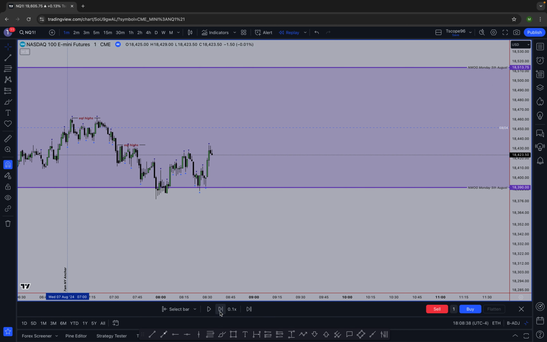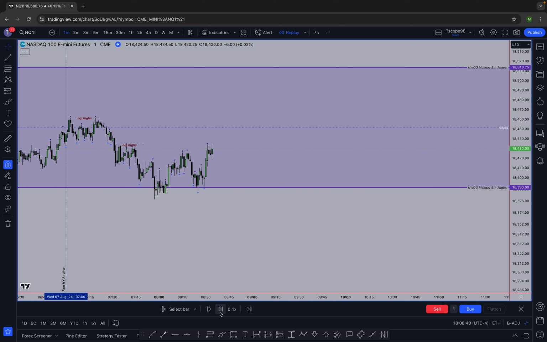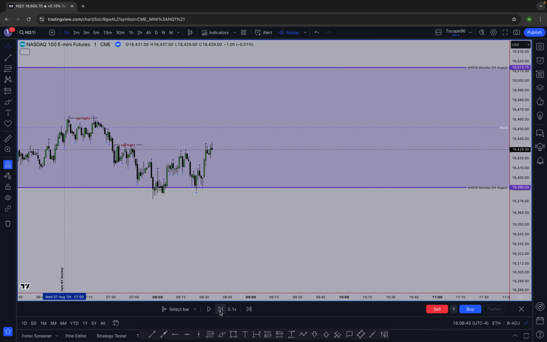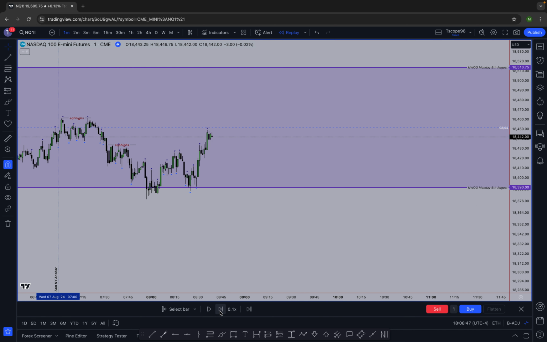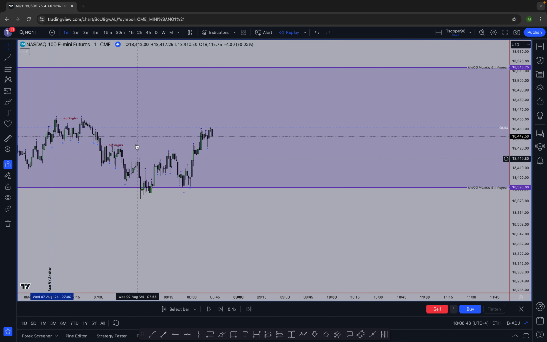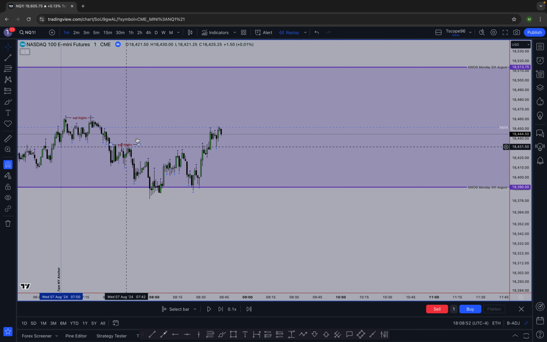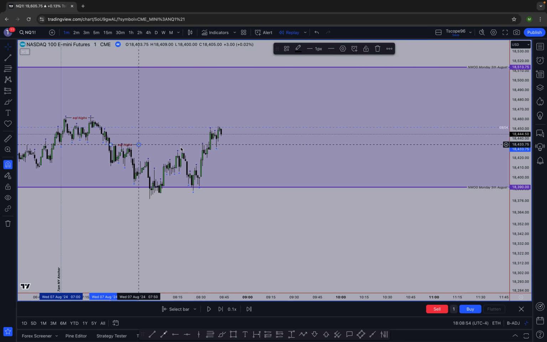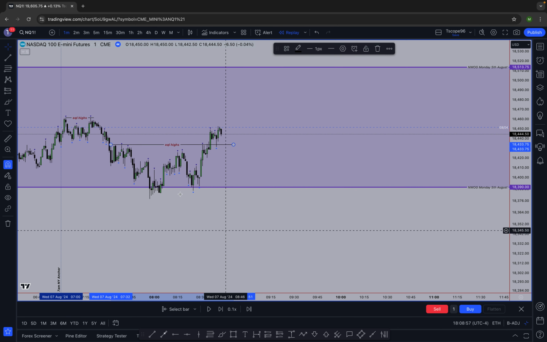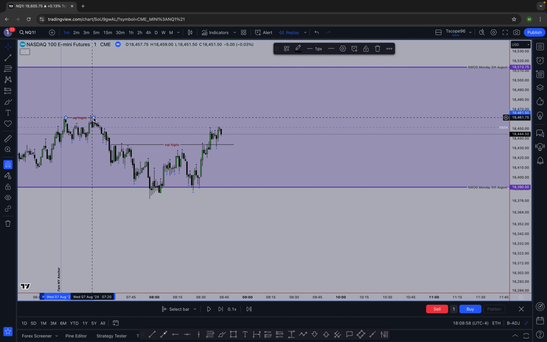Had we done so, I'd be measuring that price leg with my Fibonacci tool and trying to get in at OTE, but we didn't get it. So now we've raided these. And let's see if we can get to those ones as well.